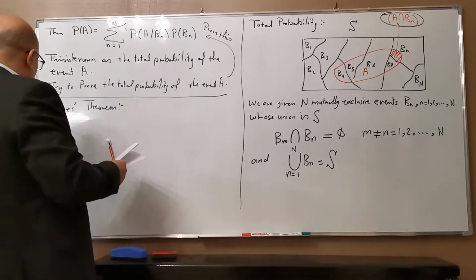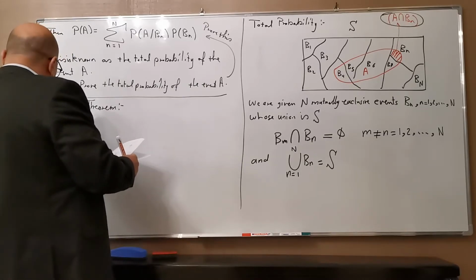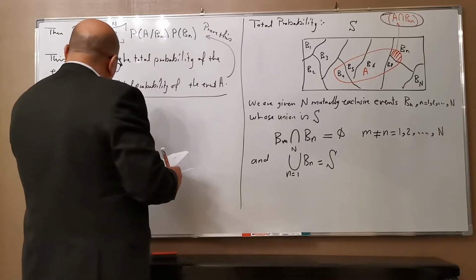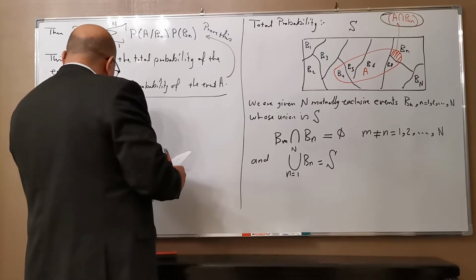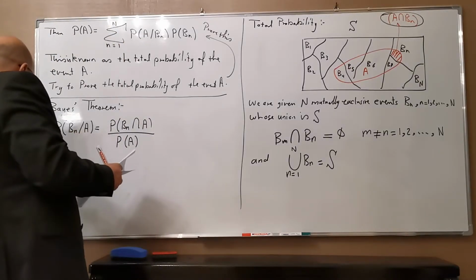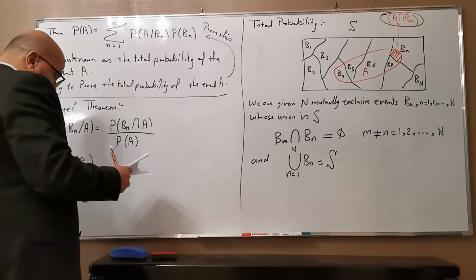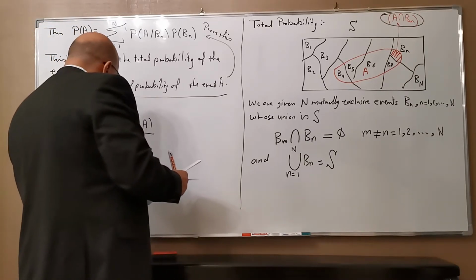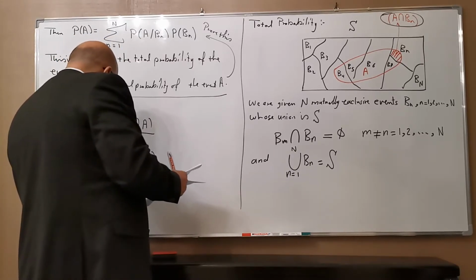Bayes' theorem states that the probability of Bn given A is equal to the probability of Bn intersection A divided by the probability of A. And if we take the opposite, the probability of A given Bn, then this is equal to the probability of A intersection Bn over the probability of Bn.